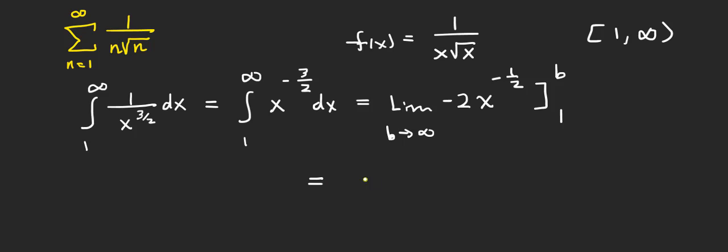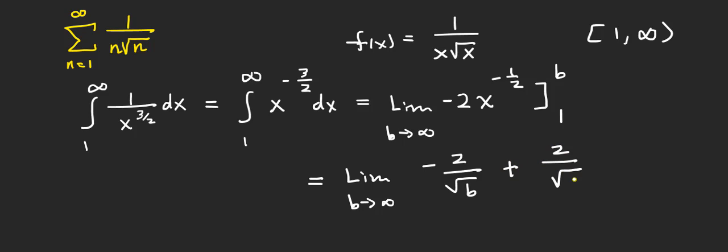So you get the limit as b goes to infinity of negative 2 over radical b plus 2 over radical 1. So what happens as b goes to infinity? That will go to 0. So it's going to be 0 plus 2, which is 2. So therefore, this improper integral converges.